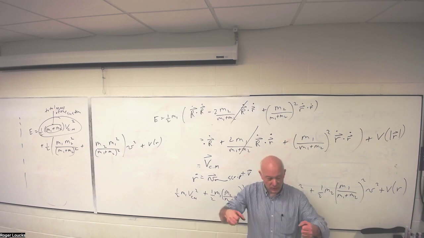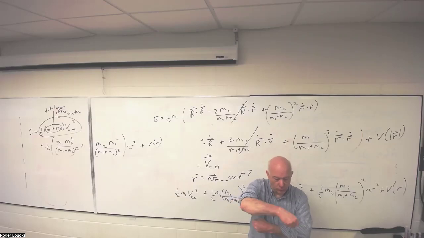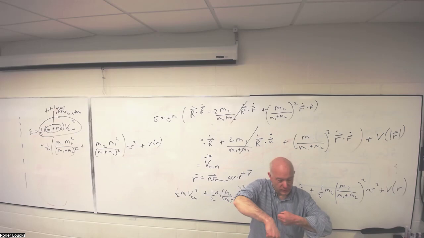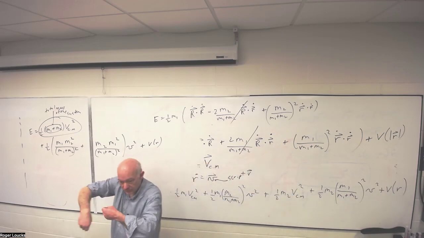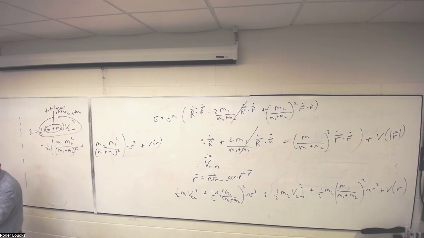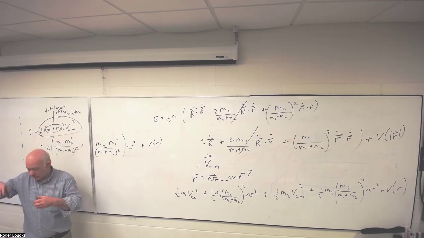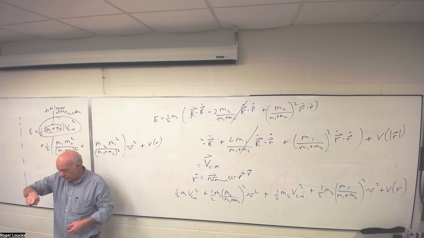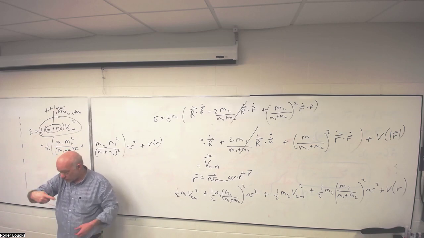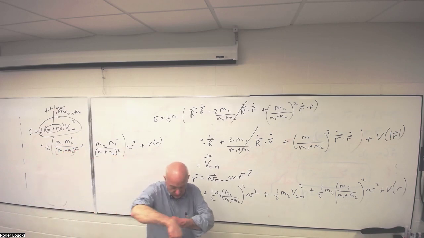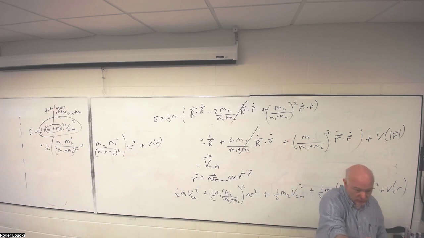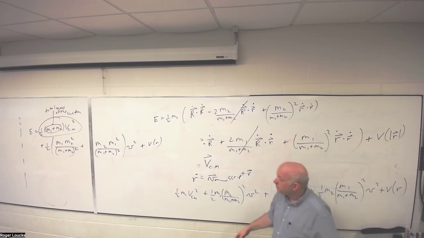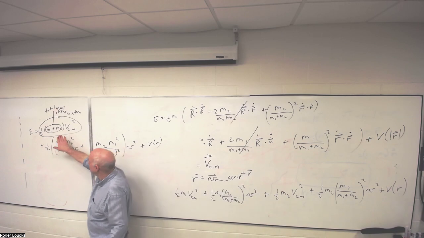Gravitation. Let's say here are two stars orbiting each other like this. Chances are these two stars are also moving through space. So what does this term represent? There's a total mass for that system that's going this way, so there's a kinetic energy connected with that center of mass. And that's what this term is.